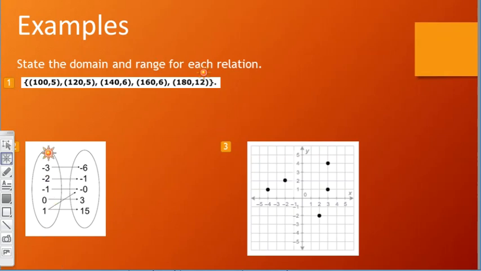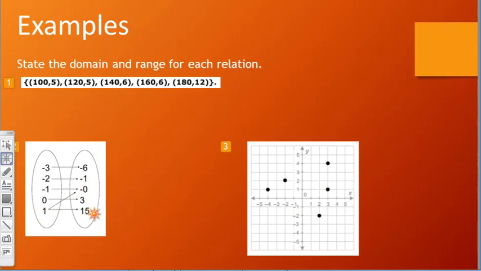Okay? If we go ahead and look at this arrow diagram, we can see that our domain is -3, -2, -1, 0, and 1. And our range is -6, -1, 0, 3, and 15. I want you to notice here that this 1 is being mapped to 0 and it's being mapped to 15.